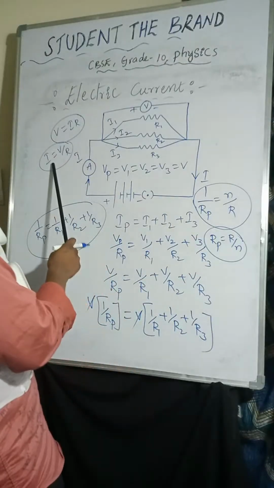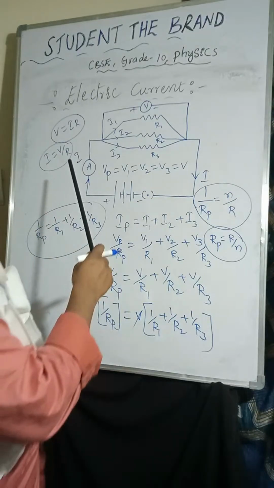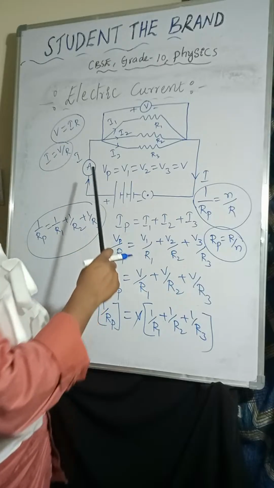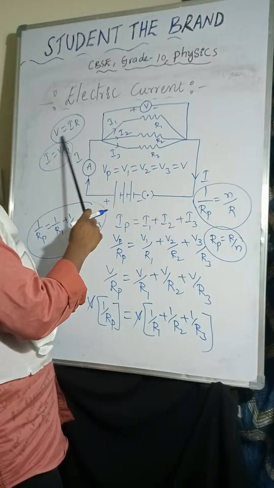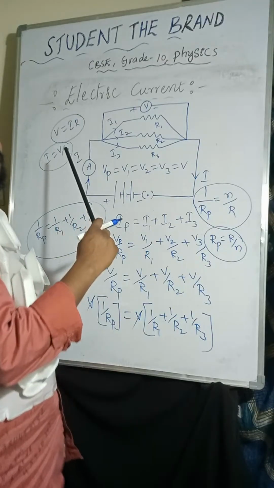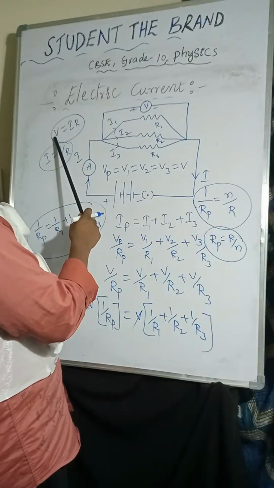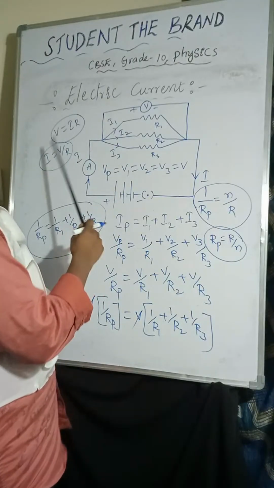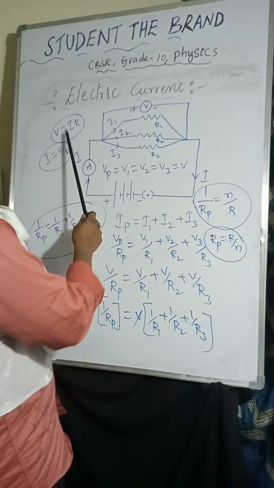From here, V equal to IR, I equal to V by R. From where did we take this formula? From Ohm's law. At constant temperature, the potential difference across the ends of a given metallic conductor is directly proportional to the current flowing through it. V equal to IR, I equal to V by R. So from there we took that formula.